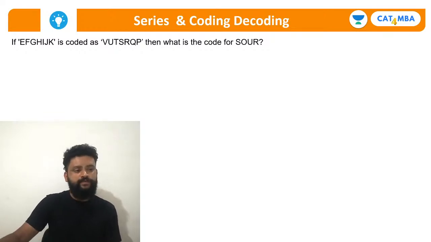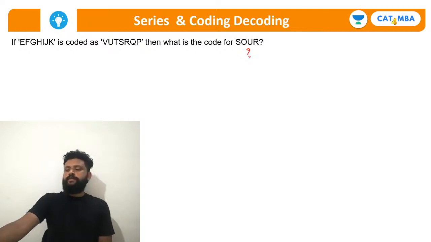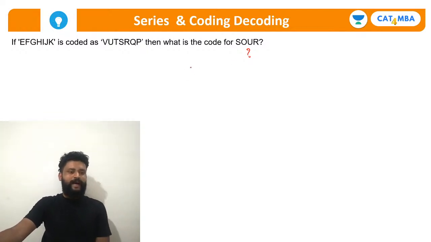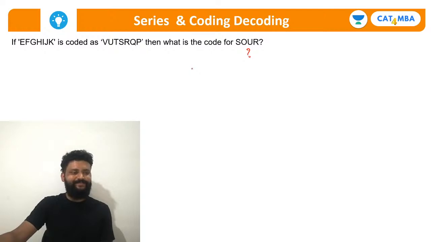So E F G H I J K is coded as V U T S R Q P. What is the code for so? It looks quite challenging, and it is if you don't know this pattern. Nicole, Pika, any answer? Can you think of the logic in this?